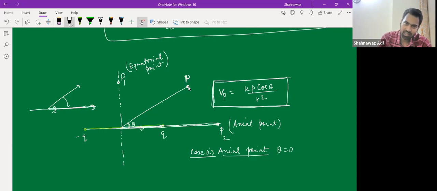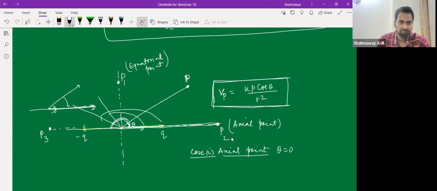If I had taken this point in here, then this is theta, and this theta would be 180. But I am on this line in here, right? So theta would be 0 degree.